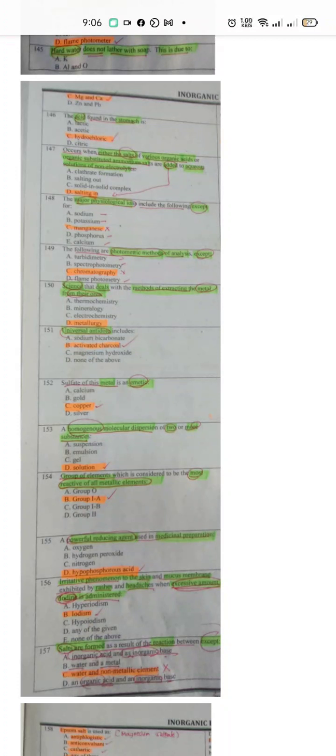Number 156, irritative phenomenon to the skin and mucous membrane exhibited by rashes and headaches when an excessive amount of iodine is administered. That is your iodism. Iodism: administration of iodides in amounts which exceed a certain level in the body brings about irritative phenomena to the skin and mucous membrane.